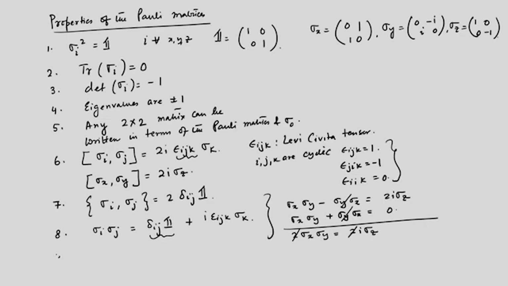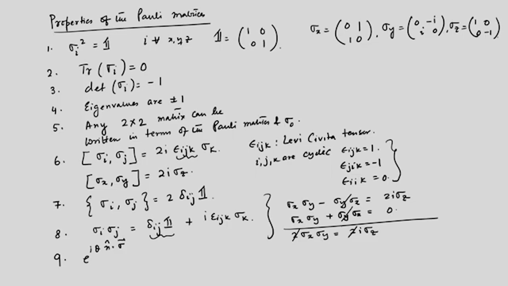Okay. And as a last one, in various situations one actually needs to take the exponentiation of the Pauli matrices, that is, exponential of i theta n dot sigma. Theta is a rotation angle, and n cap is a unit vector pointing in any direction.